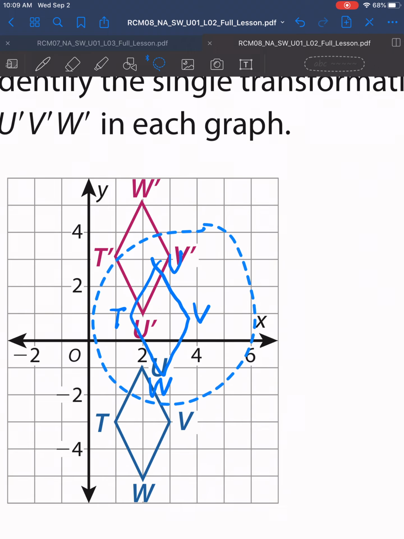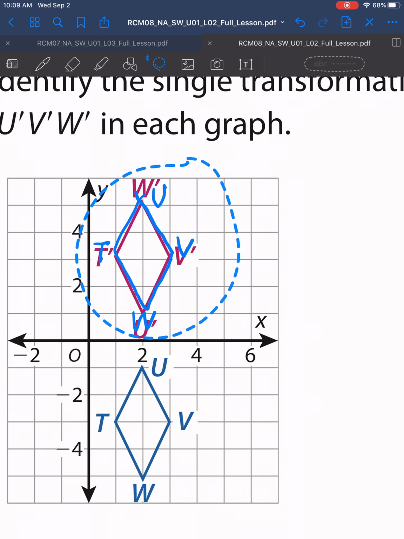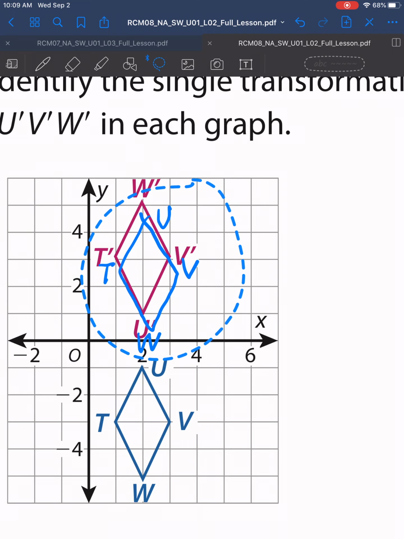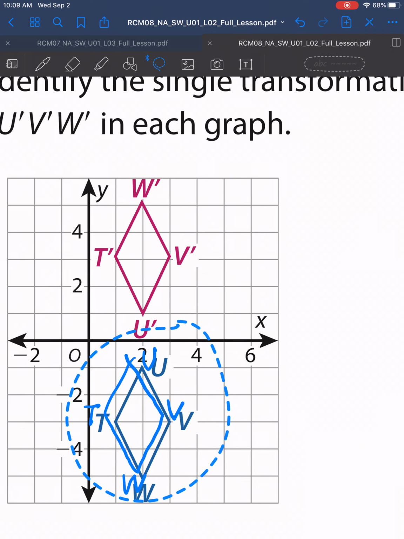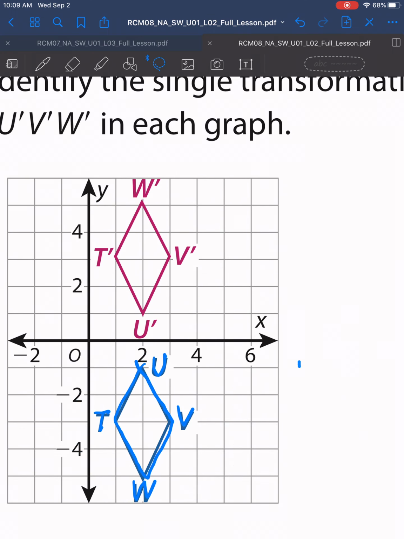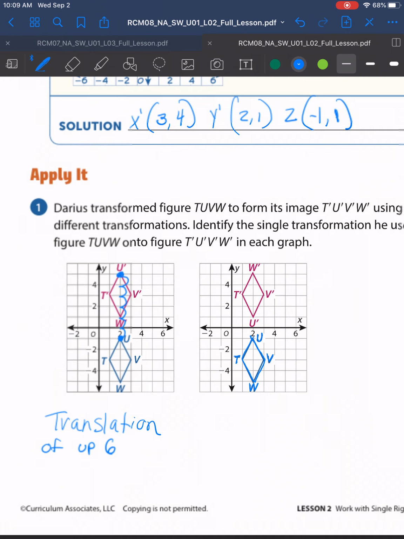But if I raise it up here, the T and the V are okay. It's the W and the U that have changed. Okay? So here's what I'm noticing. I think this is a reflection. Because if I were to reflect it right there, if I folded it, U would land on U, W would land on W, T would land on T, and V would land on V. Okay? So I'm going to say this is a reflection.